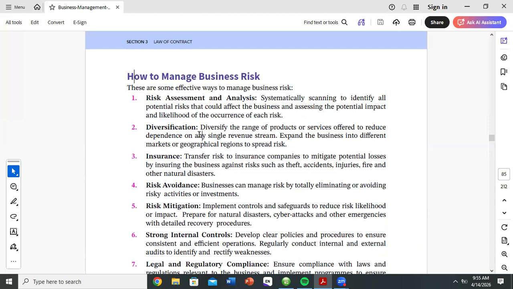Instead of investing only in treasury bills, you can also buy shares and acquire properties. So when there are issues with your shares, at least you have your properties and your treasury bills to cushion you. That's the essence of diversification.